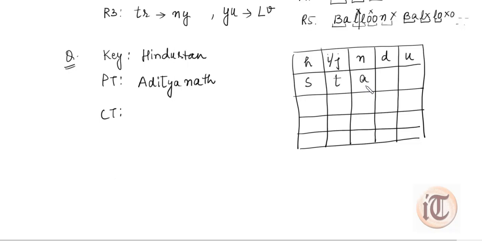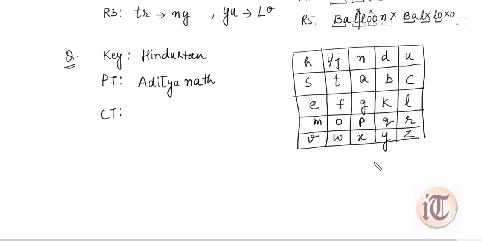We start with A and move to Z. A is already encountered, then B, then C, then D is already encountered, then E, F, G, H already encountered, I and J already encountered, then K, L, M, N is already encountered, O, P, Q, R, S and T already encountered, U is already encountered, then V, W, X, Y, Z. So this is the first step, in which we place the keyword into the 5 by 5 matrix.